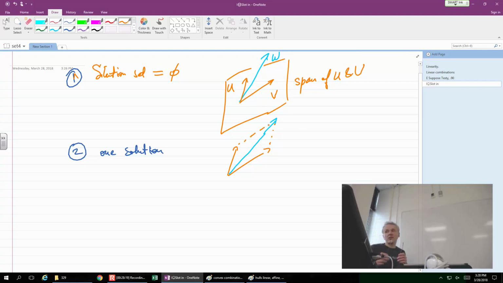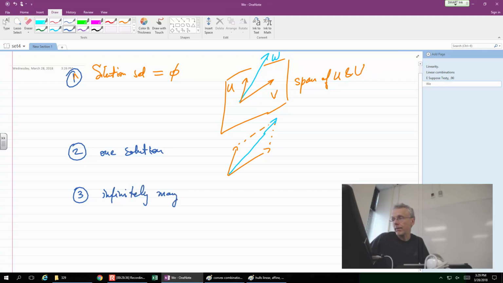Just like with i and j, or more vectors, there's only one way to represent a vector as a linear combination of those. Another interesting situation is when you have infinitely many solutions. Can you imagine that? Three vectors, and you want to represent the third in terms of the first two. And then there is no one single answer, but there are infinitely many.